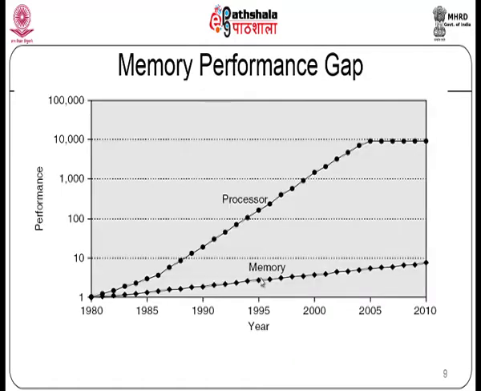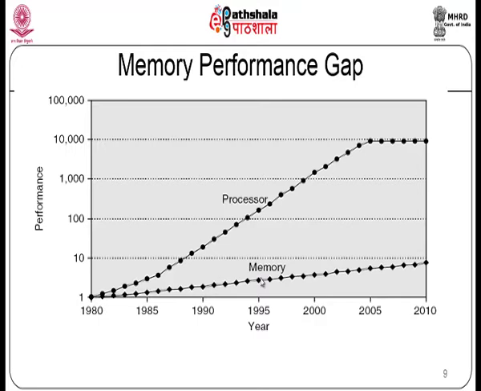In all this memory hierarchy design, we will always have to keep in mind the fact that though there have been a lot of improvements in memory technology also, the performance of processors has been growing tremendously, and the performance of memories has also been growing, but the improvement in memories has really not kept up with the processor speeds.